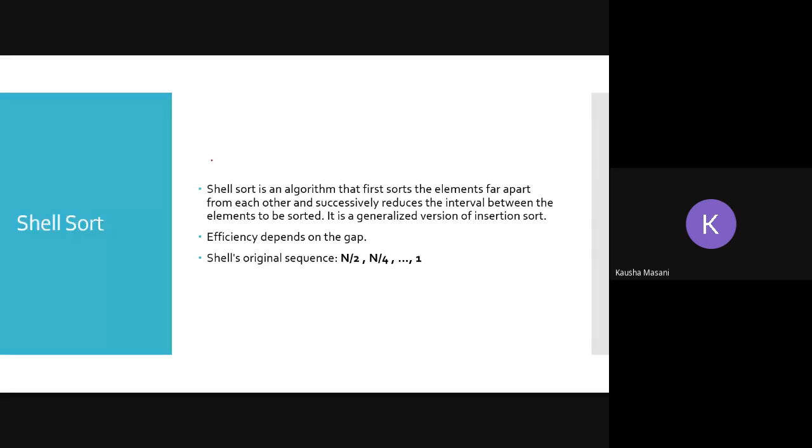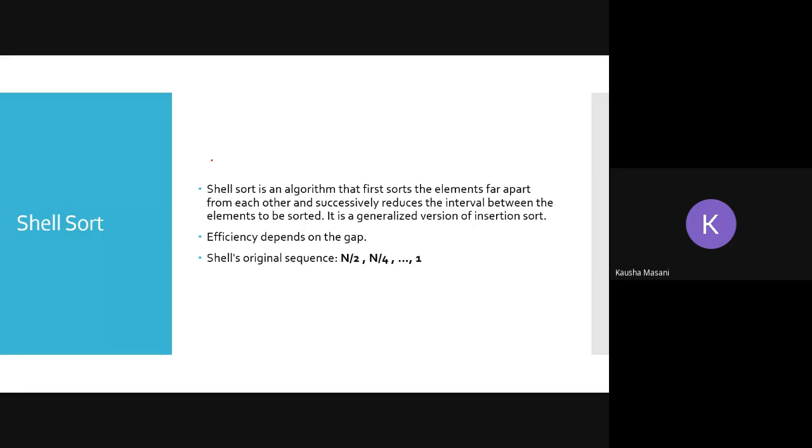In shell sort, we compare the elements at a fixed distance, and this distance we are going to decrement by some fixed amount. Then we go for the next pass. At the end, we get a sorted array. You will see how it happens.